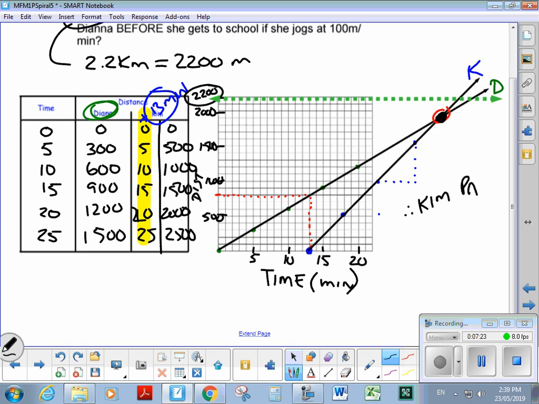They're at the same distance right here. If Kim keeps going at her speed, she's going to blow right by Diana. So Kim passes Diana and gets to school first. It's basically who got to the 2,200 meter line first.